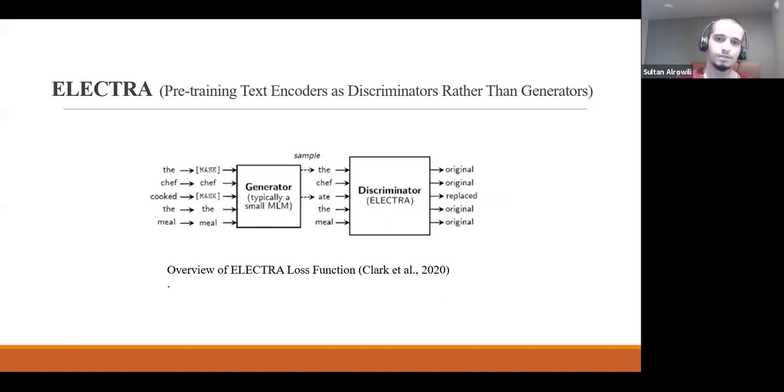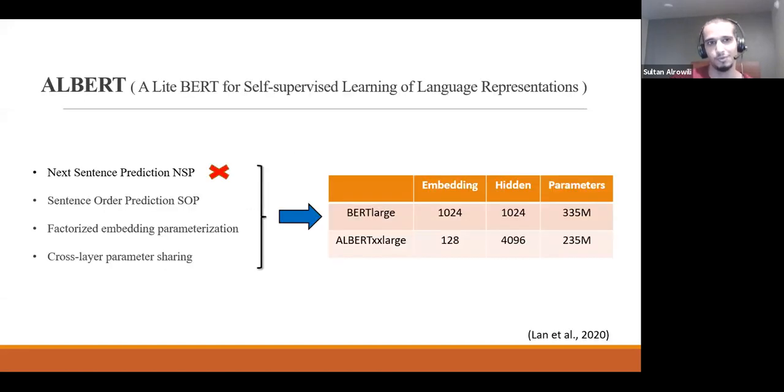Then the role of the discriminator is to judge whether this word is original or replaced. This way, we increase the learning speed of ELECTRA compared to BERT. One of the drawbacks of BERT is that the pre-training is a little bit slow.